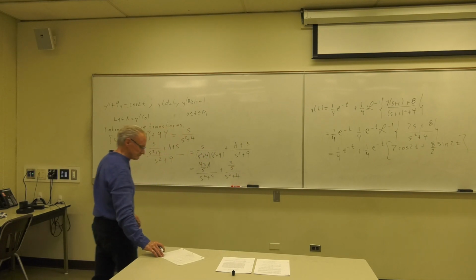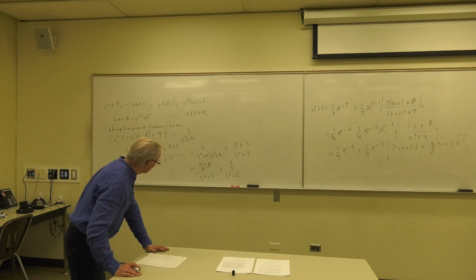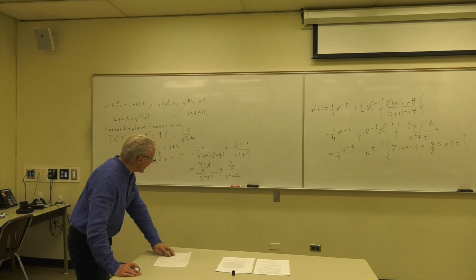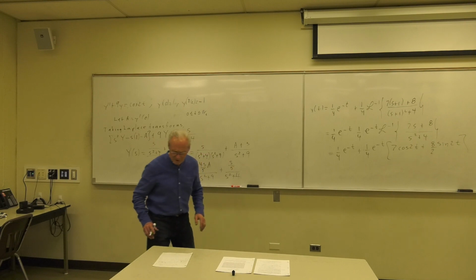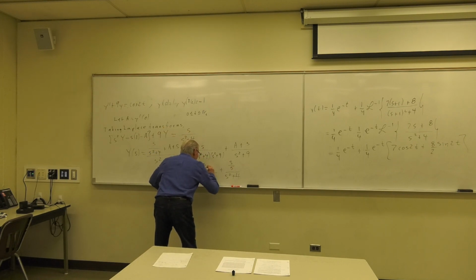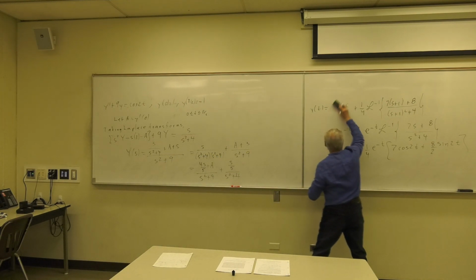Right? So that's what I have got written down. 4s over 5 plus a, and then s over 5. Wait, 4s plus a. Plus a. There. So all we have to do now is invert.